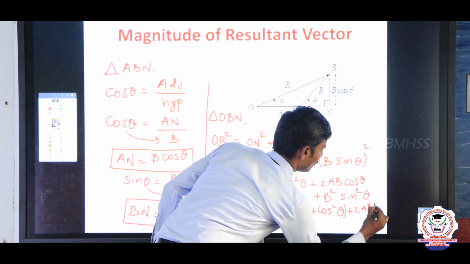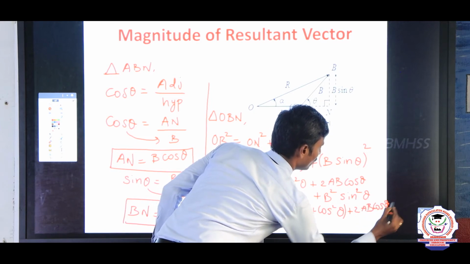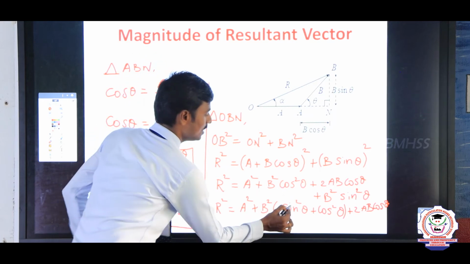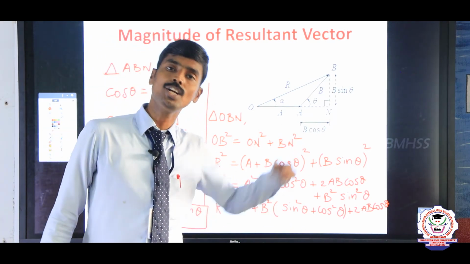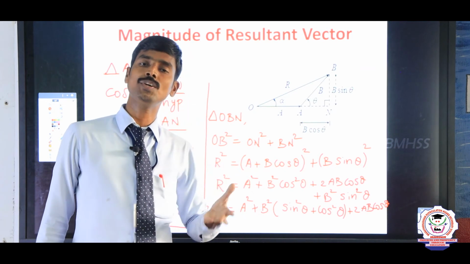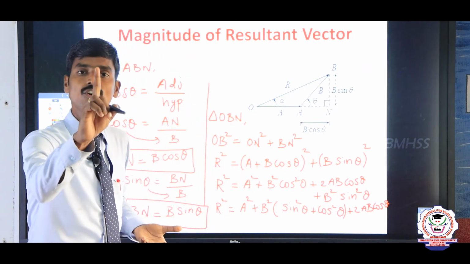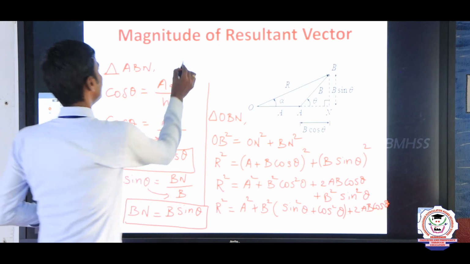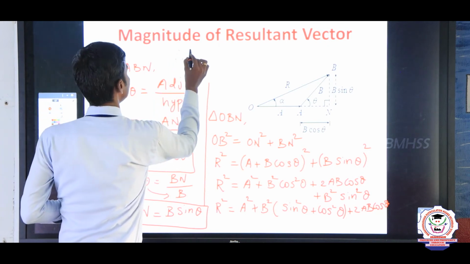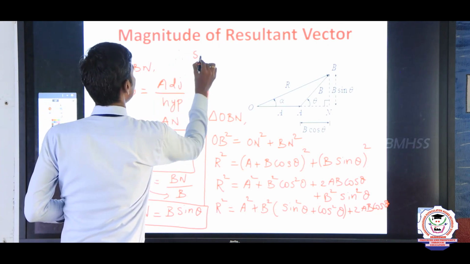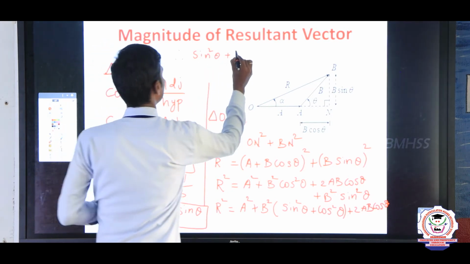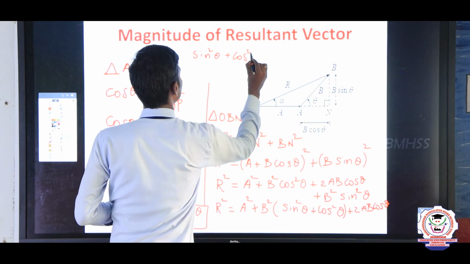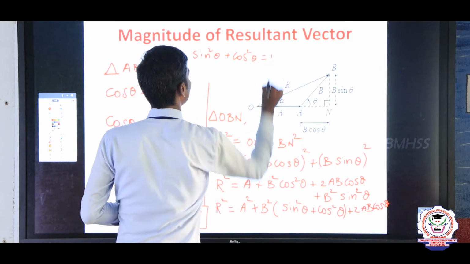Here, sin square theta plus cos square theta, what is the value? According to the trigonometry rule, sin square theta plus cos square theta equals 1.